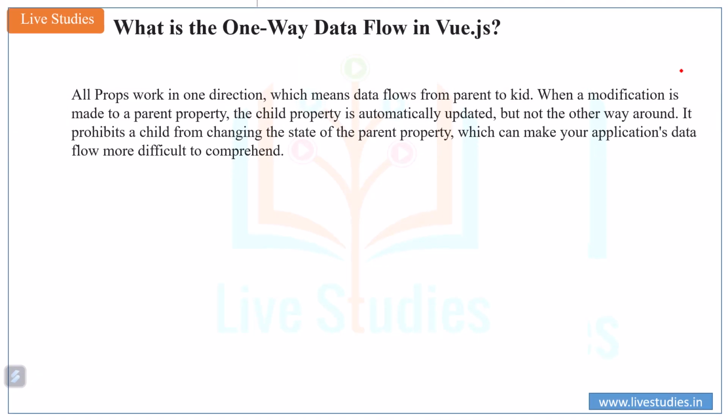Another question is, what is the one-way data flow in Vue.js? All properties work in one direction, which means data flows from parent to child. When a parent's property is modified, the child property is automatically updated, but not the other way around.